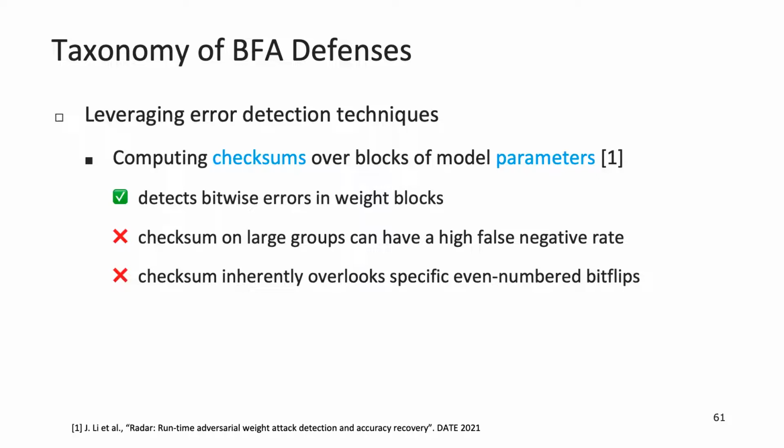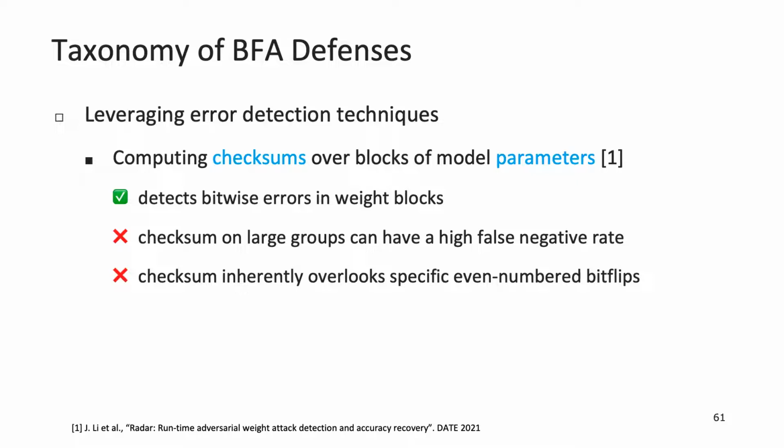The third type of defense is using error correction techniques. And one good example of this type is computing checksums over blocks of model parameters. One advantage of this approach is that it can detect bitwise errors in the weight blocks.